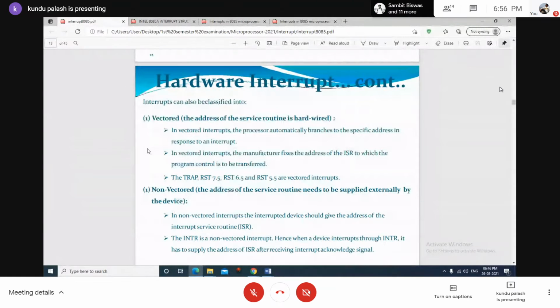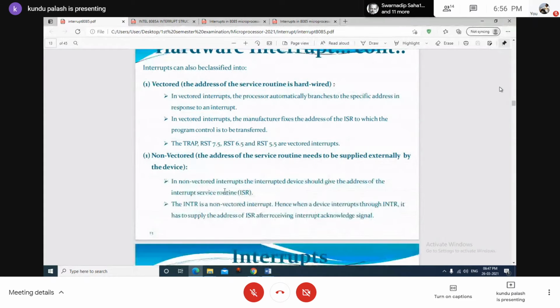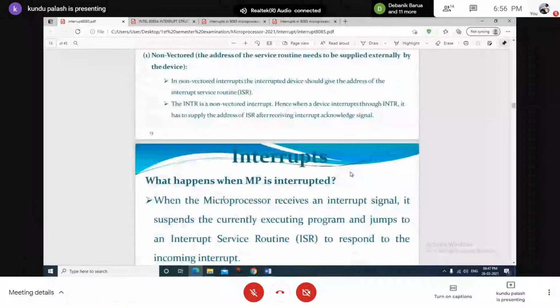Some of the hardware interrupts are called vector hardware interrupts, but INTR is called non-vector because the address is not fixed. The address of the service routine needs to be supplied externally by the device interrupt controller. So every microprocessor has multiple non-vector hardware interrupts, but the 8085 has only a single one, that is INTR, as well as multiple vector hardware interrupts. So these are very important points.